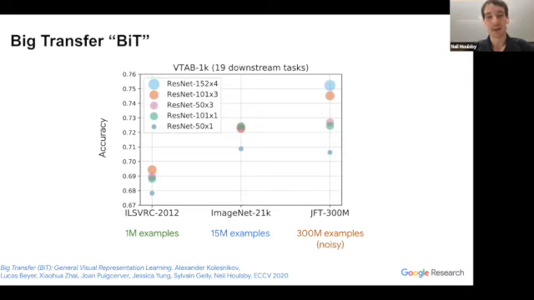And as we saw before, on the left-hand side, the architecture size, which is reflected by the point size, doesn't give one much performance improvement. However, if one increases the dataset size to ImageNet 21K, the full ImageNet dataset that's publicly available, the performance of everything goes up.